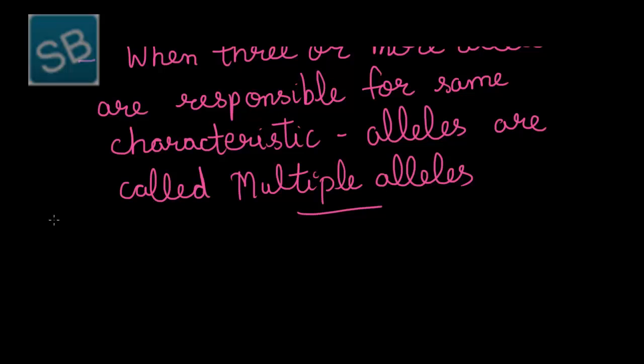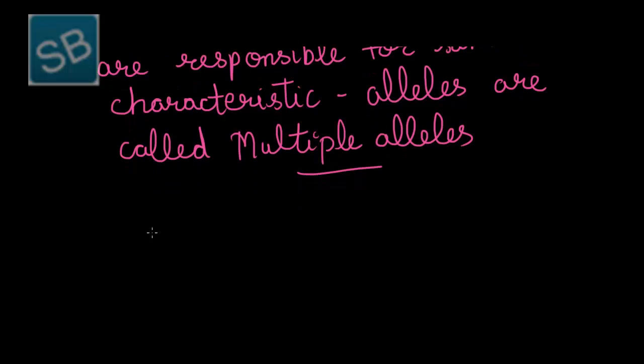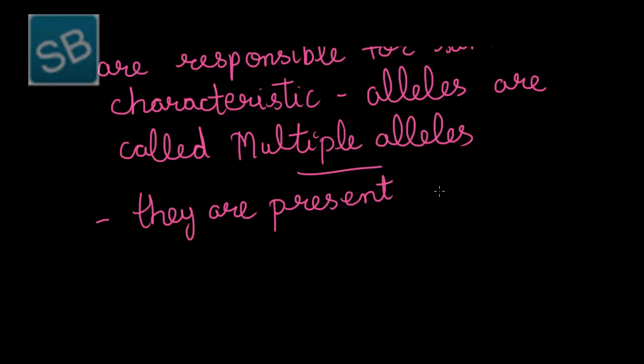Multiple alleles possess alleles that occupy the same specific locus on the chromosome. That is, they are present on the same specific locus of the chromosome.